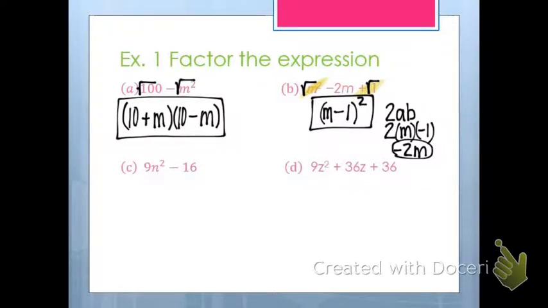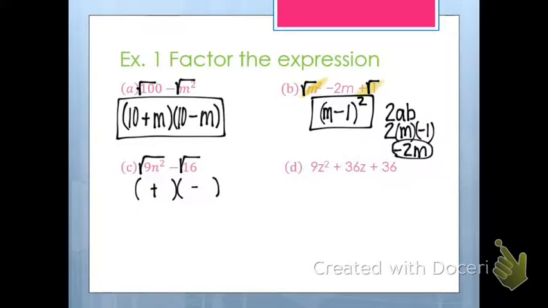How many parentheses are going to be in our answer? And the signs? It's the difference of squares. So guys, my signs are going to be different. Okay? Kendall, how do I find the terms of my two binomials? Square root what? The first term and the second term. Okay? Now, square root the entire term.